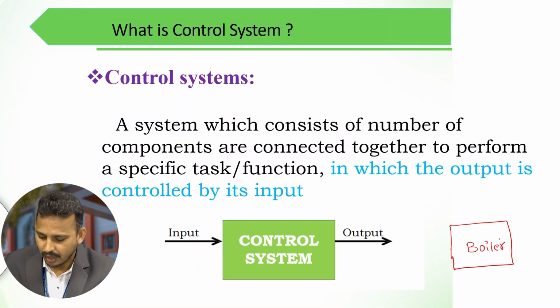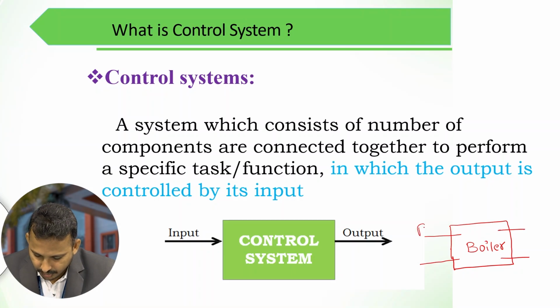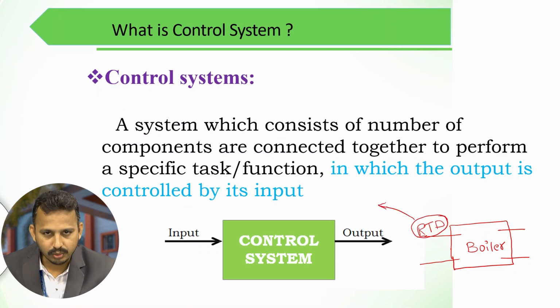This is a boiler, and from the various corners we are inserting RTDs, which are used to measure the temperature of a boiler continuously, and this information is sent to a control room.